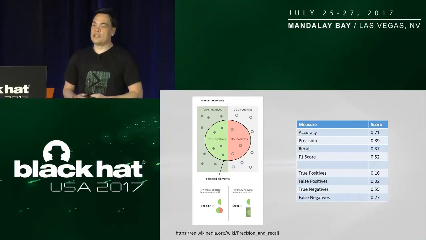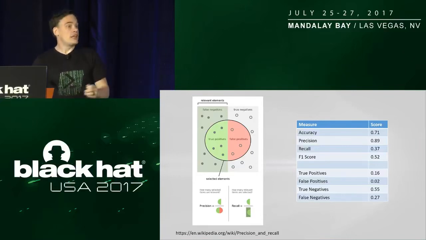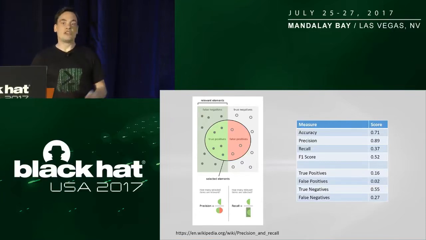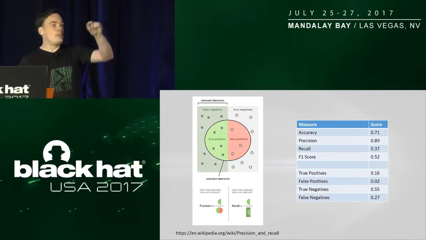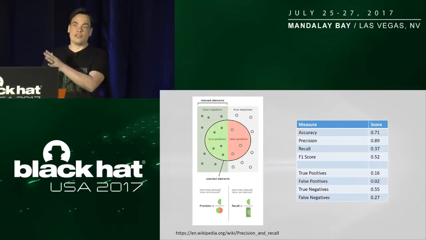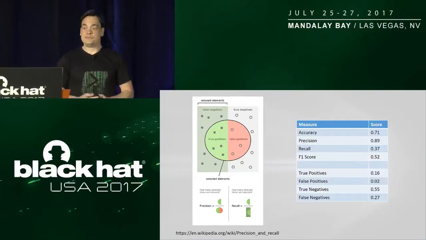This is an example where precision was pretty good. It was right almost 90% of the time, but recall was not a happy time, 37%. It was really not returning that much of the obfuscated stuff. There was a ton of stuff above that 0.8 that, when reviewed manually or visually, was considered obfuscated.